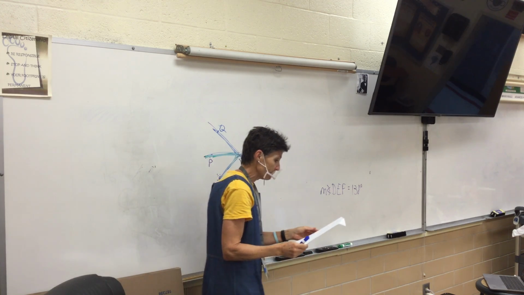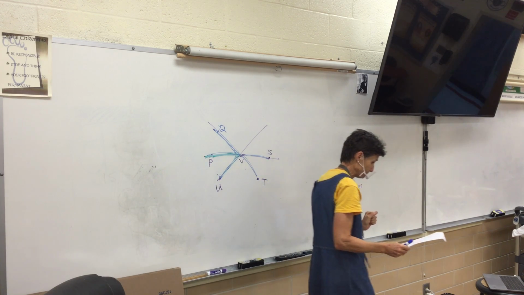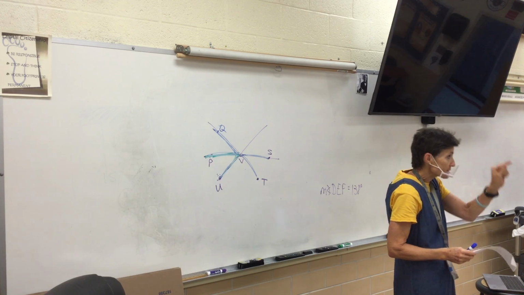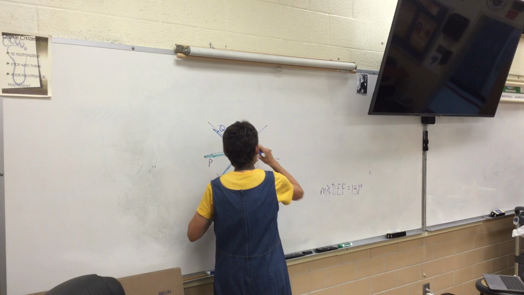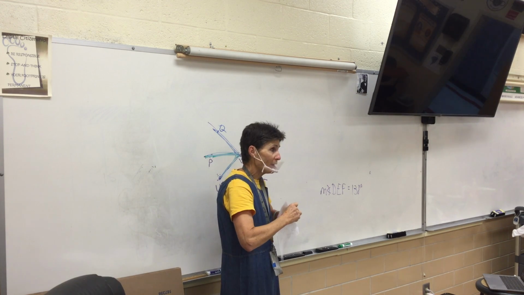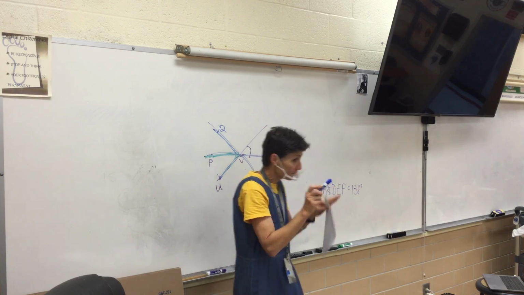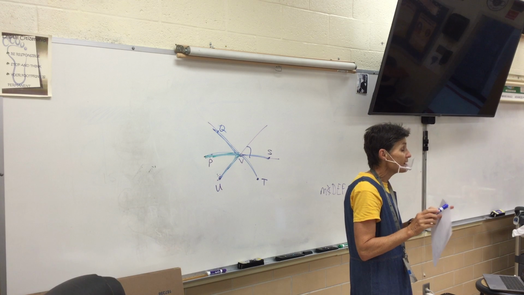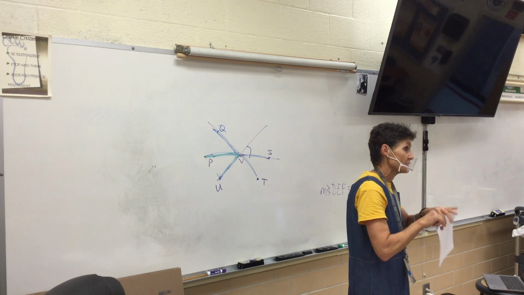Now look at the funky picture in number 5. Remember that those little marks indicate congruent. So the ones that have one mark are congruent to each other, the ones that have two marks are congruent to each other, and the ones that have three marks are congruent to each other.